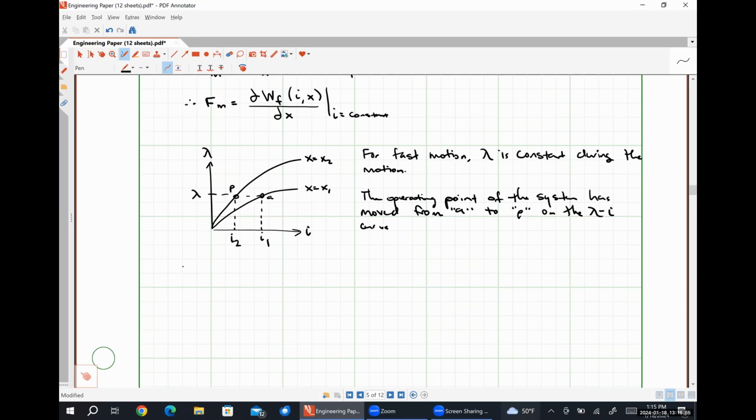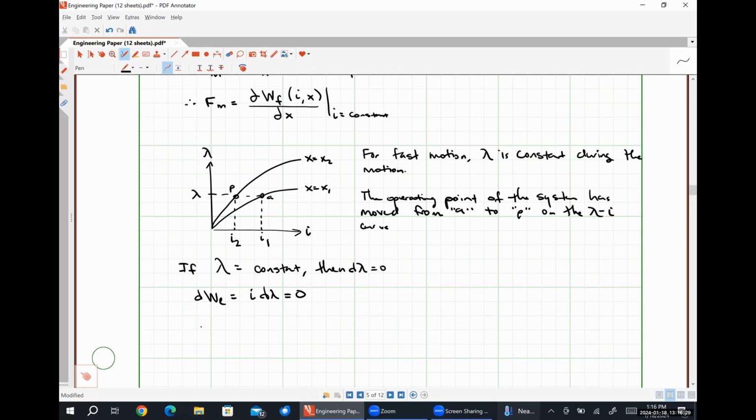So if our flux linkage is constant, then d lambda is equal to zero, and dWe, which is I d lambda, is zero, right?